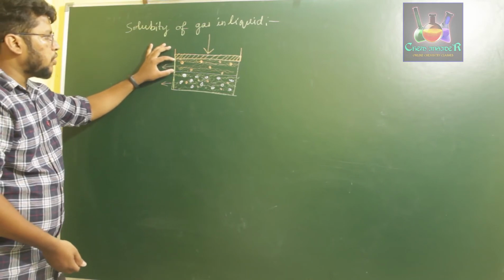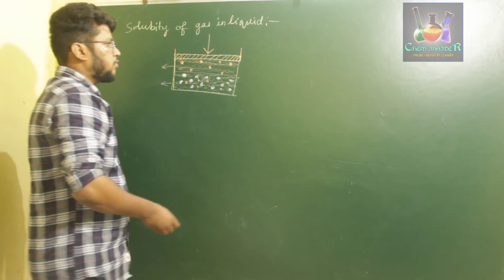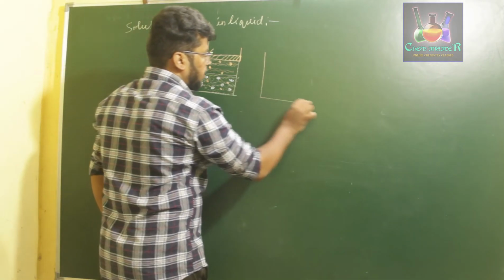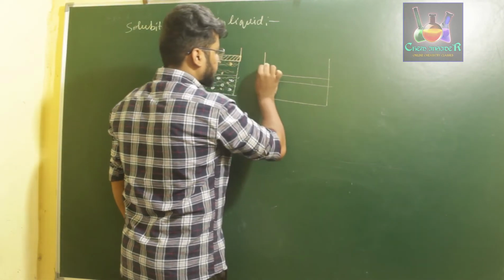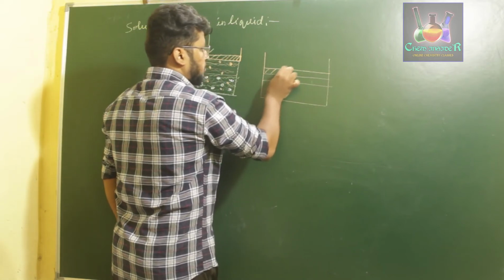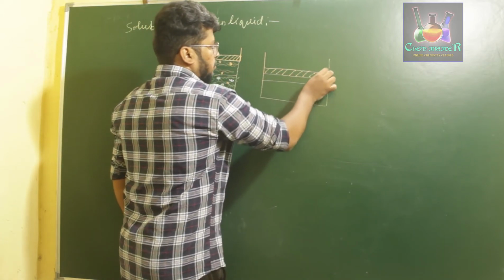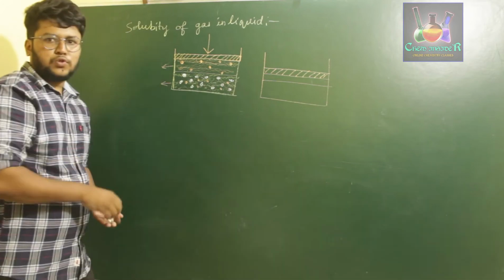So once the volume of the gas decreases, once we have applied a certain amount of pressure, the container will look somewhat like this. So this is the piston, and we have taken it close towards the gas.